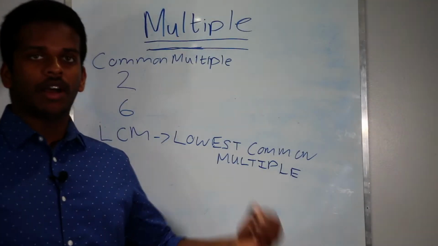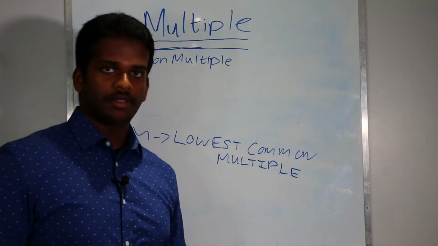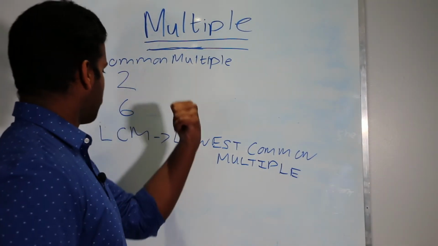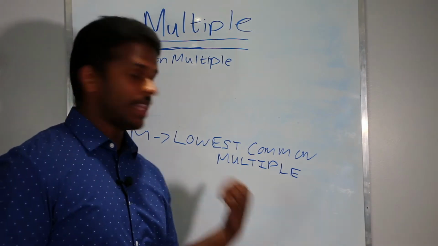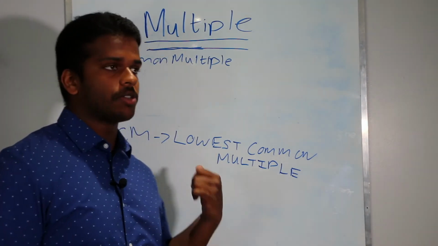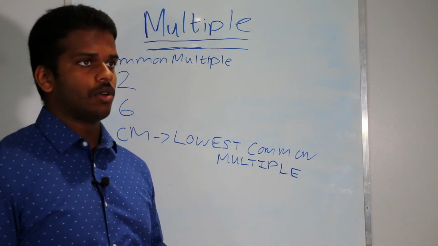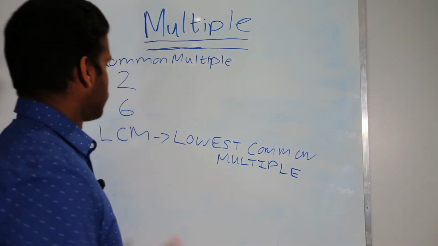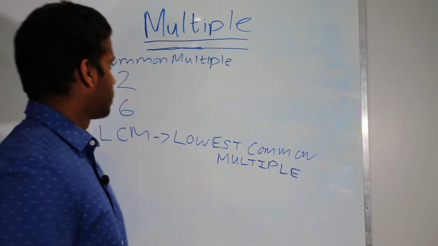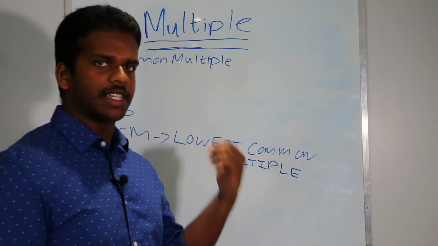So continuing on, we now have common multiple and lowest common multiple, and this is very important, especially when we're trying to find equivalent fractions, or when we're doing operations with them. So common multiple is the same idea as common factor.